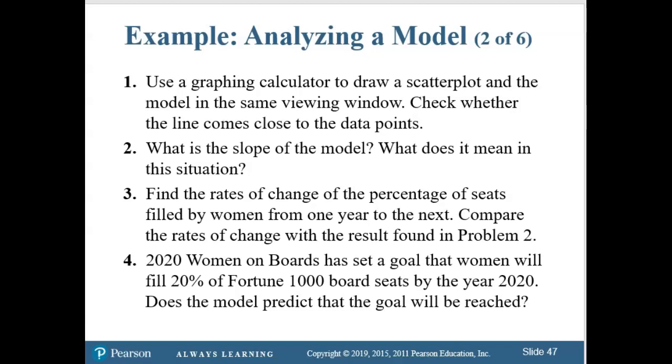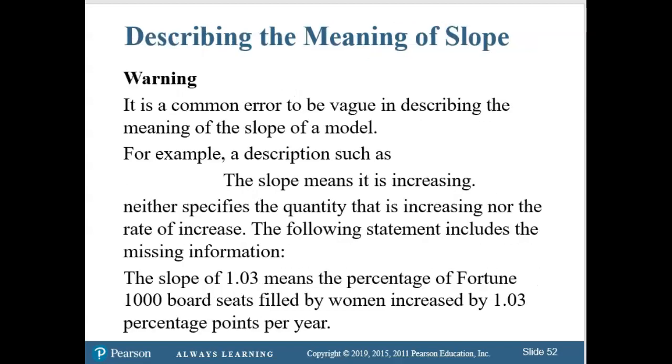All right, we're almost finished up for the day. Here we go, we're going to wrap it up. Describe the meaning of slope. It's a common error to be vague when describing the meaning. For example, you might say it's changing, it's decreasing, it's increasing.